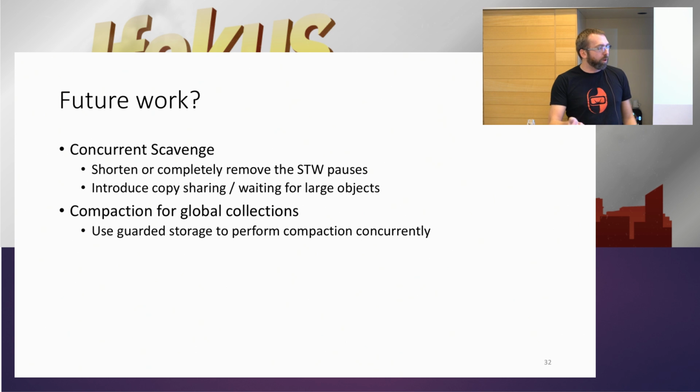So we'd have to abort the global compaction at that point and just do the scavenge. So it won't be as effective as it could be, but it would hopefully be an improvement in the pause times if you need to compact.